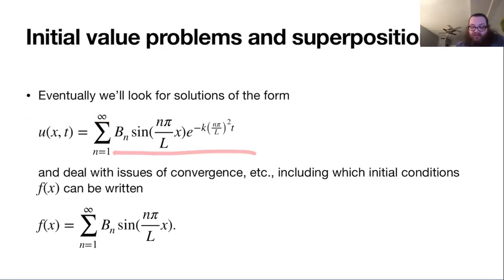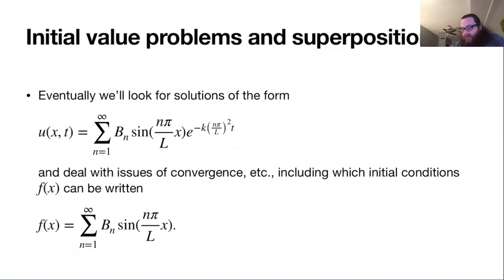Does this infinite series, which itself is a function of two variables, actually converge? And likewise, which initial conditions can be written in terms of this infinite series? Those more theoretical aspects are, again, things that we'll look at in the next chapter.